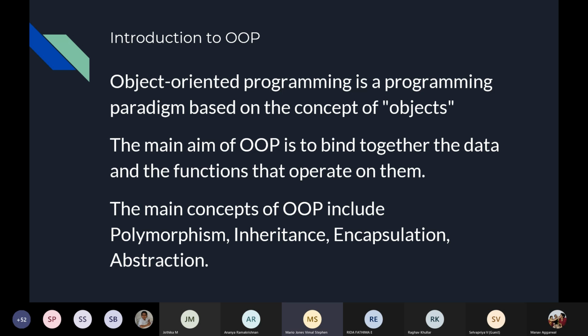So basically, object-oriented programming is not a separate branch of programming or a separate way of programming. It's just that you follow certain methods, certain best practices, or certain ideas that are already in use to make your code good, or to make your development easy.